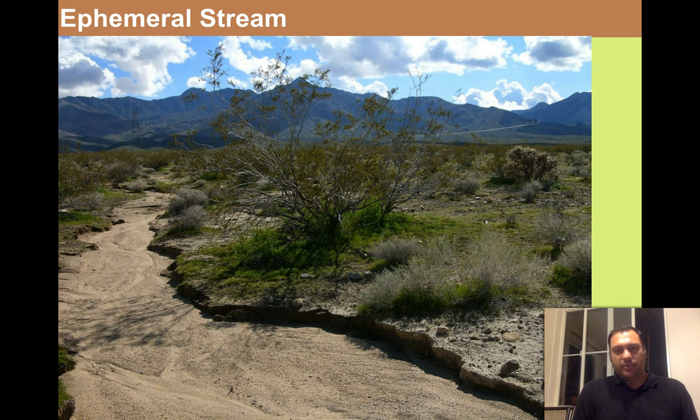Here's a typical ephemeral stream that we would find in, I believe this was a picture of the Mojave Desert. Here we see boulders and cobbles and stuff strewn around with sand. And you can tell, obviously, this is an area that gets water from time to time, but it doesn't have any water right now. So this is a typical ephemeral stream that we would see in North America.